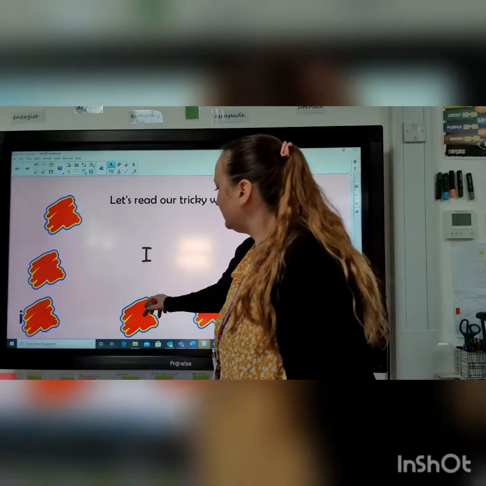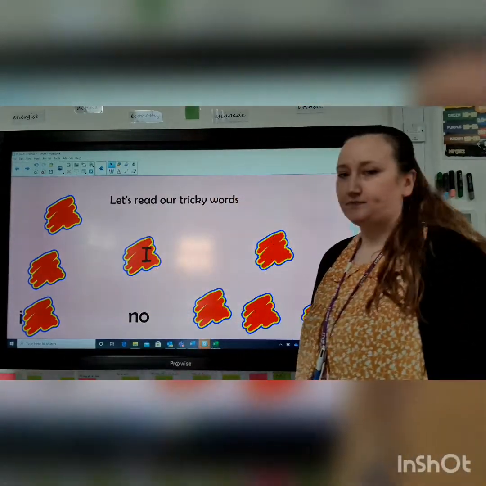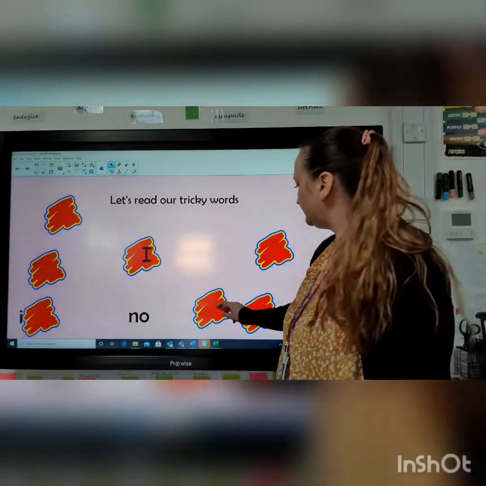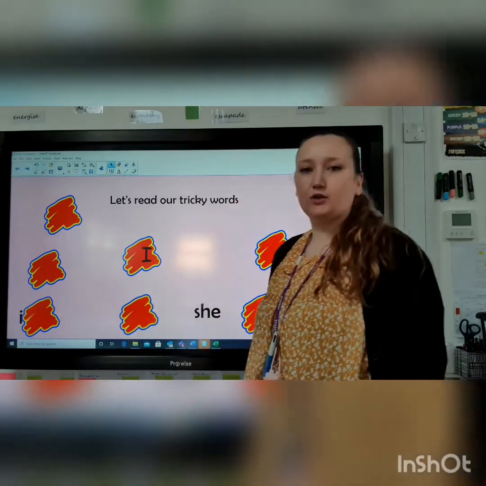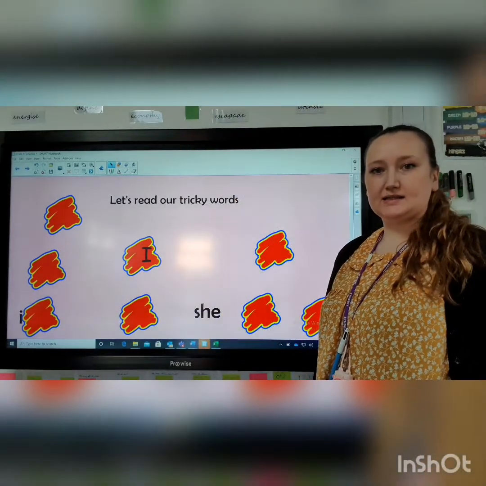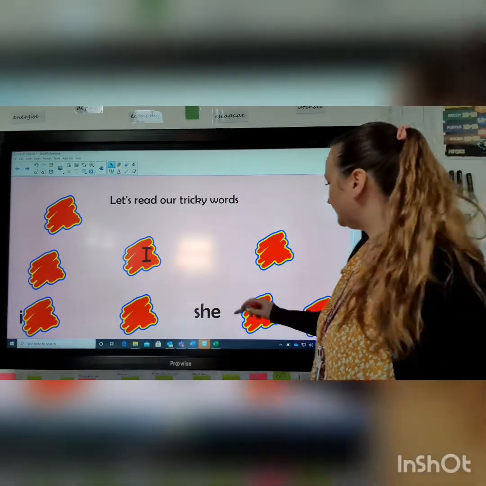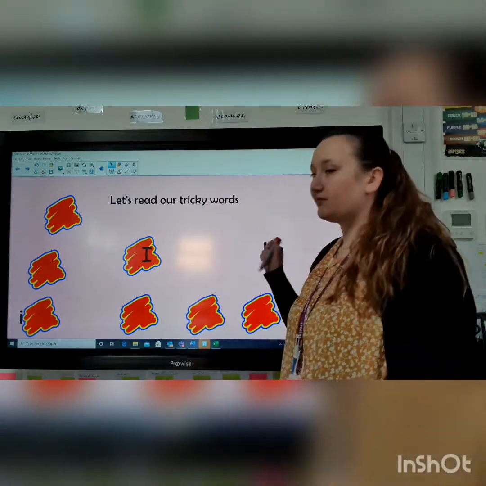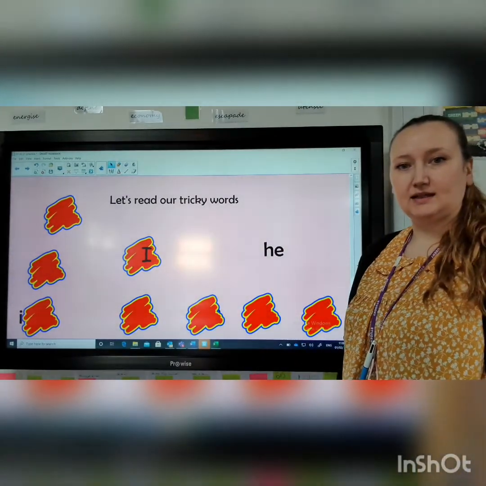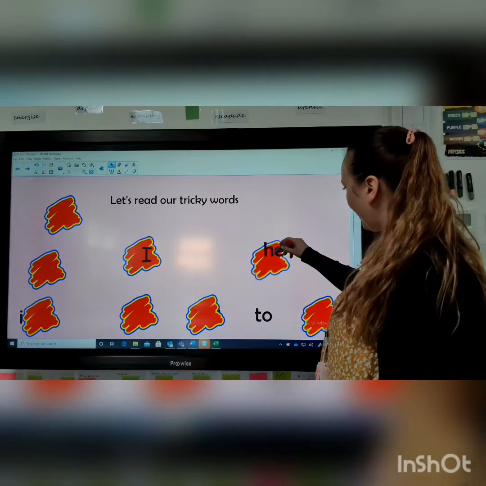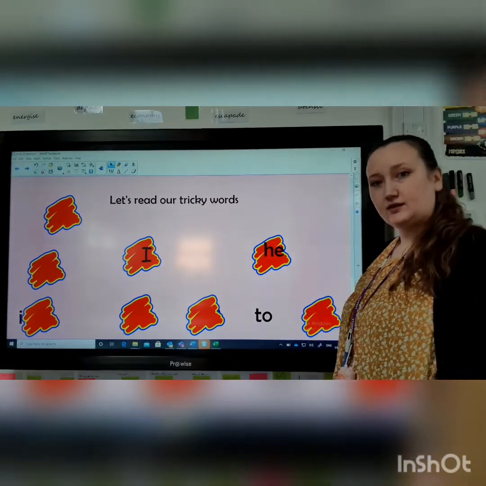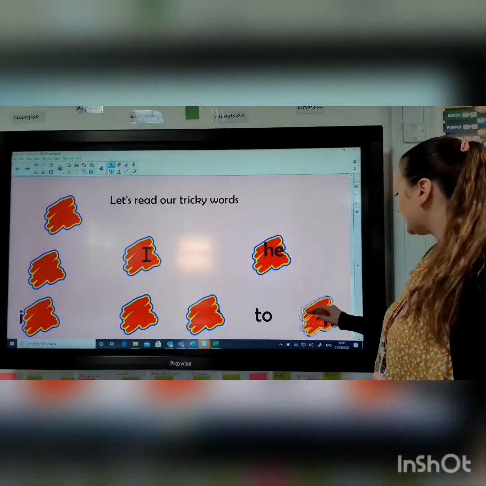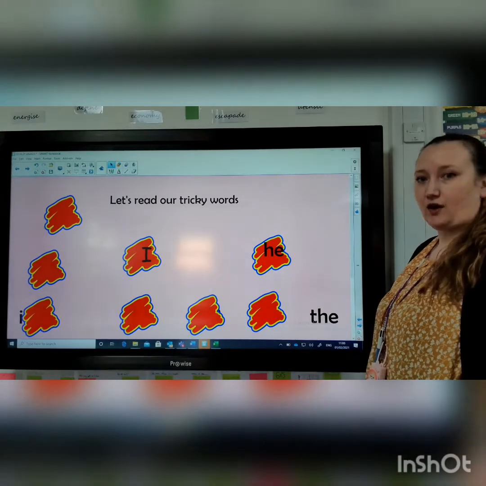I. This one? No. This one of our new tricky words, it's she. And one of our other new tricky words, he. And we have 2, and our last one is the.